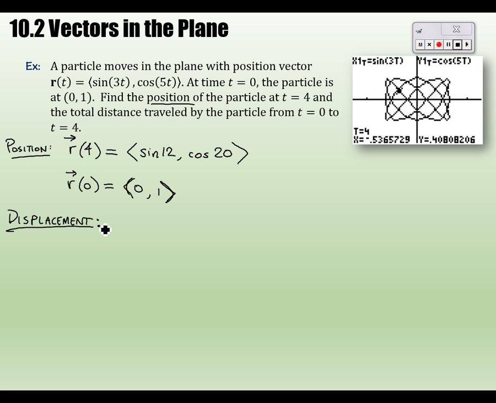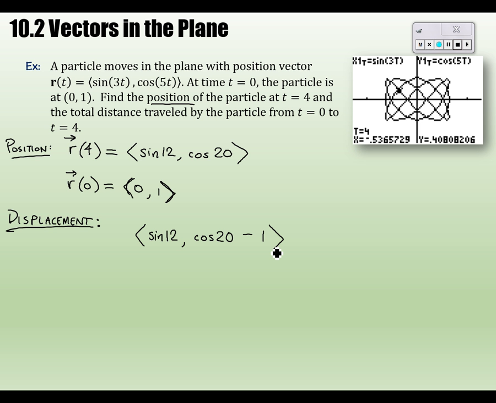This all kind of harkens back to the first semester, doesn't it? You can compute it two different ways. So our displacement vector is this minus this: sine 12, comma, cosine 20 minus 1. I didn't actually compute these. You could get approximate values of these. Does that make sense?